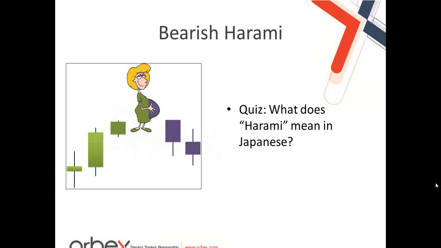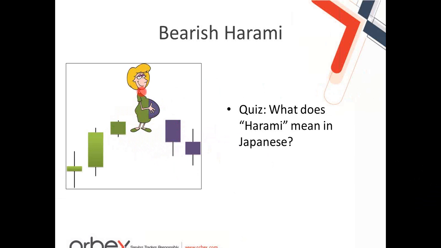Harami. Correct, Takai. It means pregnant. Yes, it means a pregnant lady. So we had the bullish Harami before, where we imagined the first candle to be bearish, but here is the bearish Harami.